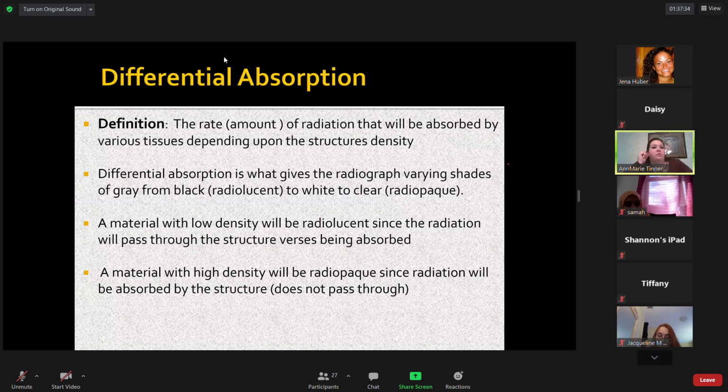A material with low density is going to be radiolucent since the radiation is able to pass through those structures. So in a radiograph, air spaces are very dark, or radiolucent, because X-rays were able to pass through. A material with high density is going to be more radiopaque because X-rays are not able to pass through as freely, so it shows as whites or grays.